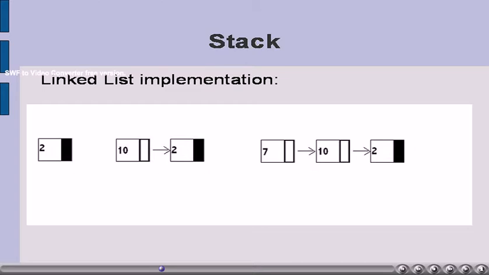If we insert another number 7, then head or the top is supposed to point to the node in the linked list having 7. Like this, when we realize stacks using linked list, the linked list nodes will be added and the respective pointer top will be moving like this.